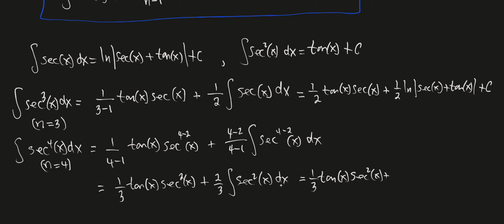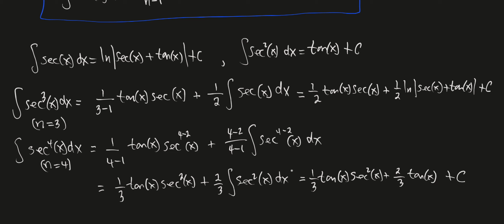And this is one of the few ones in this process that we can go all the way back to Calc 1 and say, yep, I know that the derivative of tangent is secant squared, so the antiderivative of secant squared will be tangent, right? So here's the final answer for the antiderivative of secant to the fourth power. 2/3 tangent x plus c, right?